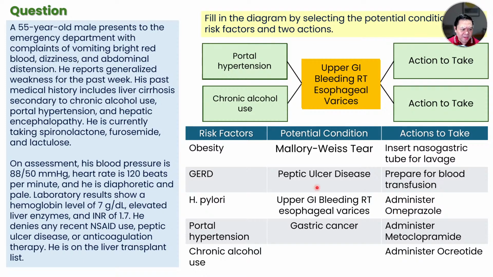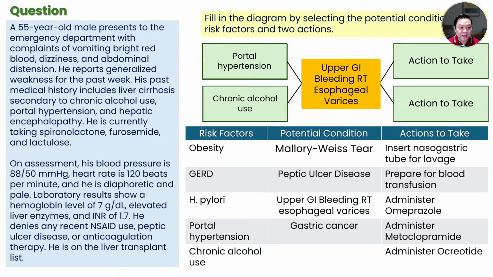And we also have the other option here, which is obesity. It is a risk factor for other GI disturbances like GERD or non-alcoholic fatty liver disease, but it is not a direct risk factor for esophageal varices.